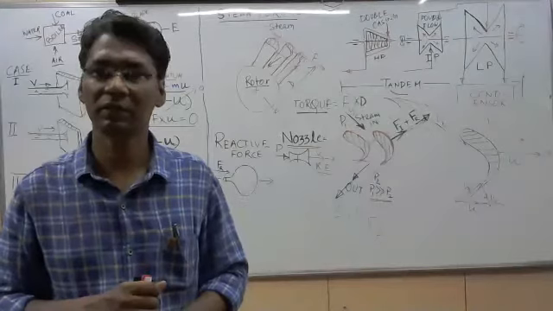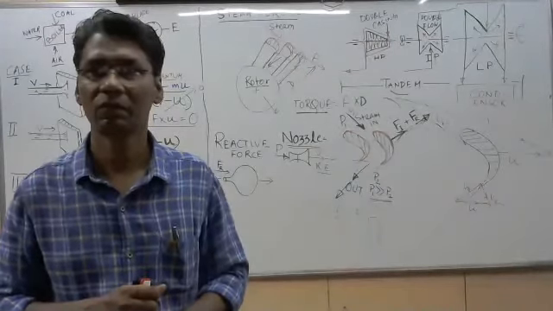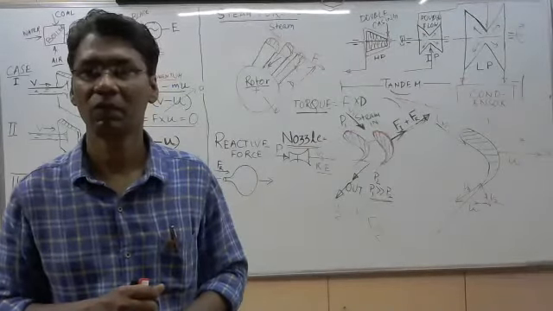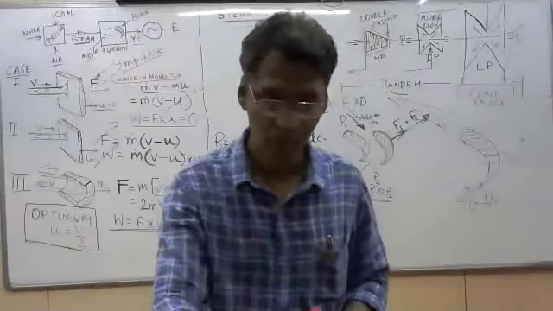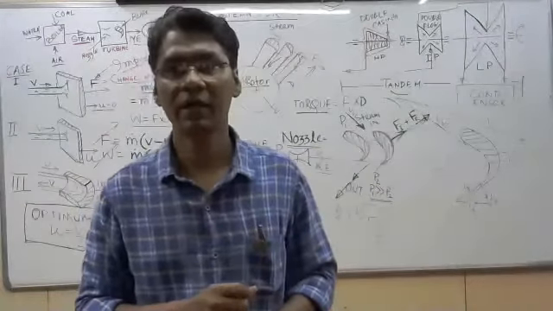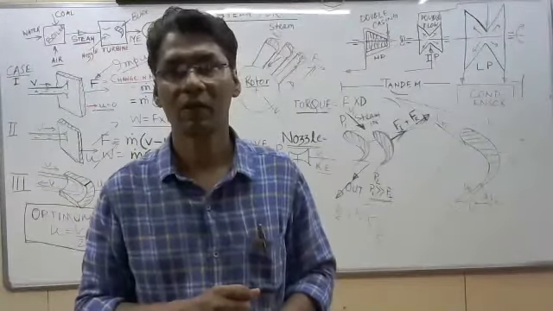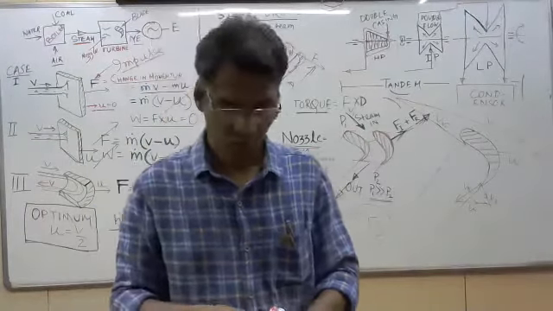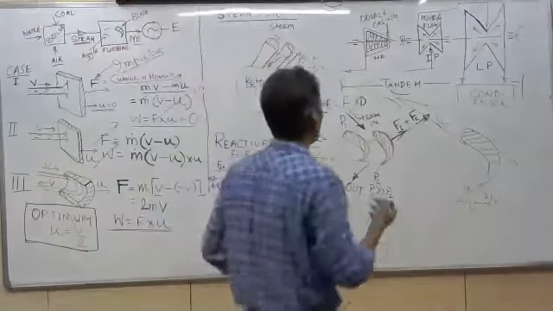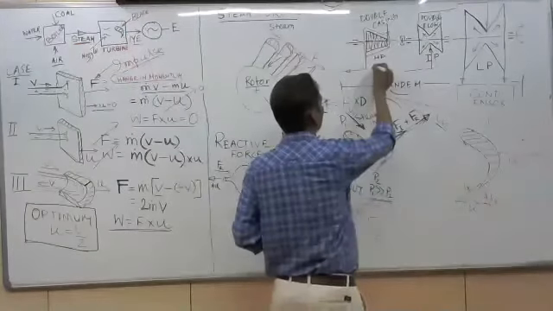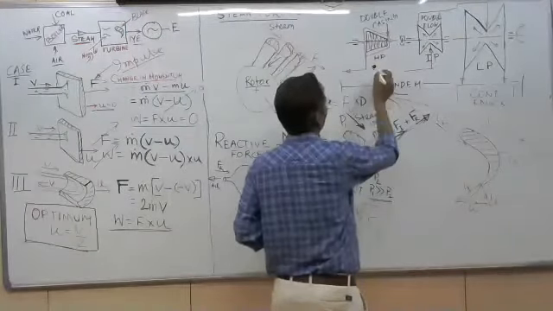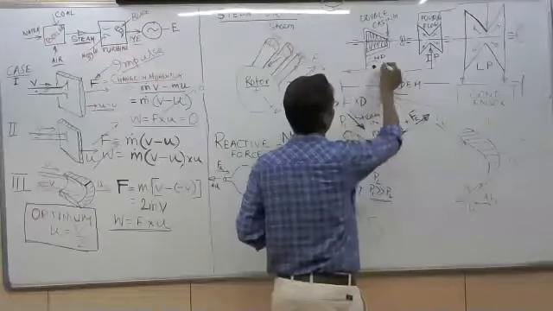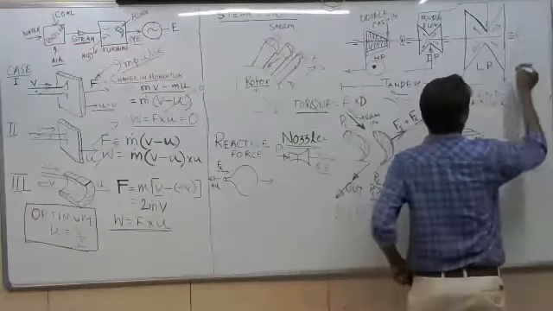Sir, my question is why is the diameter large in the low pressure turbine? Why is the low pressure turbine diameter large compared to the others? High pressure means the same amount of steam has a volume like this. If the pressure reduces, the volume becomes this much, for the same amount.